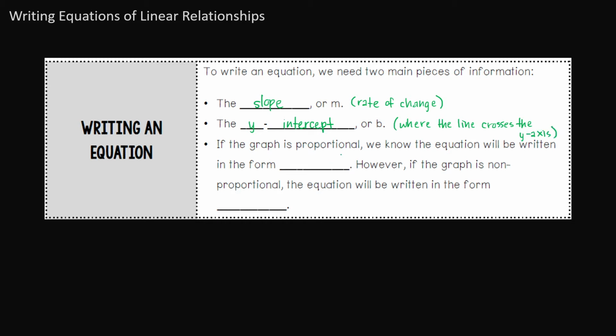If the graph is proportional, we know the equation will be written in the form y equals mx, y equals slope times x. And we know the y-intercept will be 0. That's why there is no b here, because b is 0. However, if the graph is non-proportional, the equation will be written in the form y equals mx plus b.